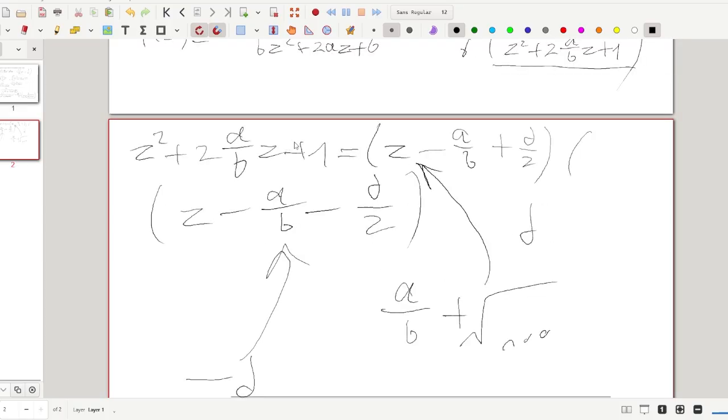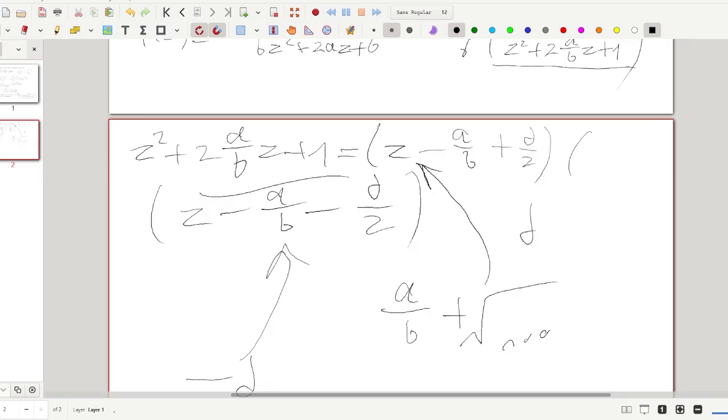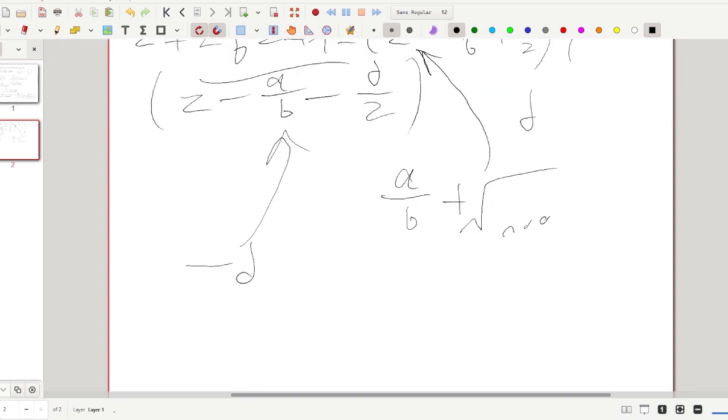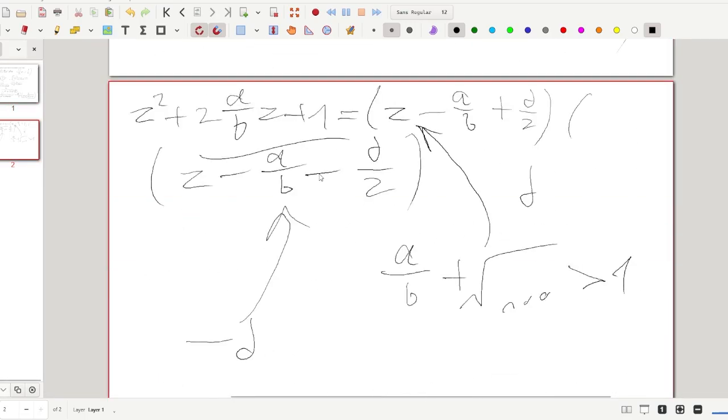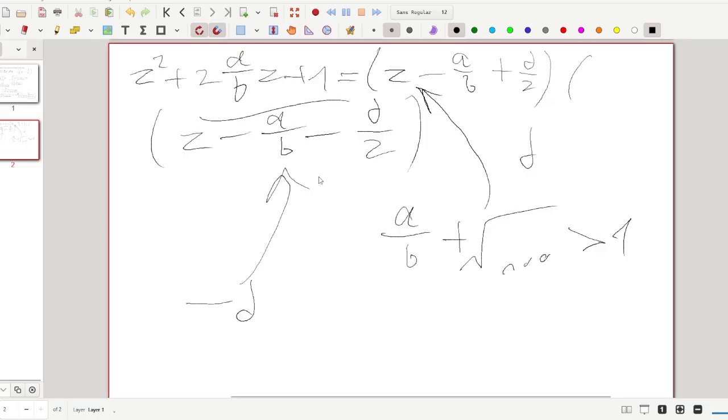And this root expression is supposed to be a real number, because if we take this part over here, it's going to be 4 times a over b squared minus 4, and a over b squared is going to be greater than 1. So this is going to be greater than 1, and it's not going to be something we care about. Now, if you were to look at this root expression specifically, also, yeah, I forgot to divide by 2 here. But that doesn't change, I think, for now.